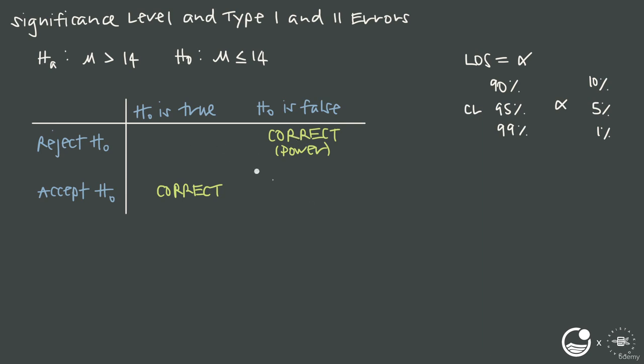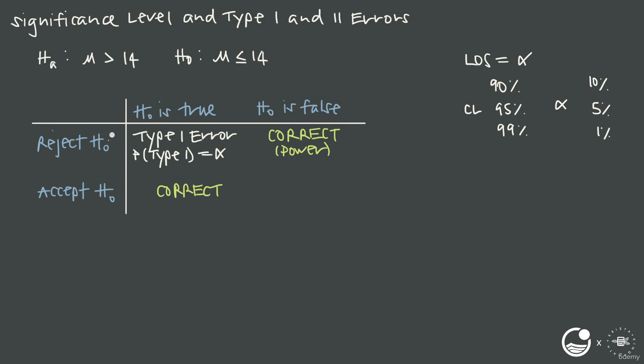But these other 2 scenarios are wrong decisions, right? If the null hypothesis is actually true, but we take a sample and we calculate statistics for that sample, and the sample leads us to believe that the null hypothesis is actually false and therefore we reject it. If we reject the null when it's actually true, that's a wrong decision. And we call that type of wrong decision a type 1 error.